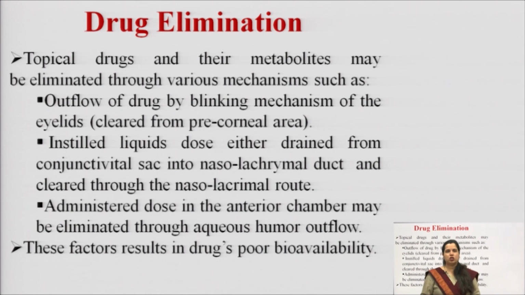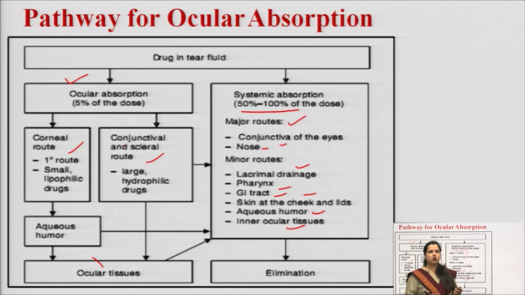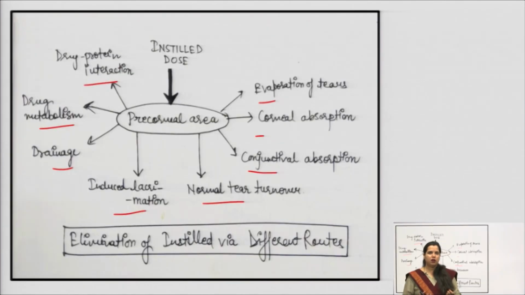Now, drug elimination. I have told you that various elimination routes exist through which the drug can be eliminated, and there are various factors we have to consider while making an ocular drug delivery system. Drug-protein reaction is there, which means the drug and proteins present in the eye can react. Physicochemical properties also need to be discussed.